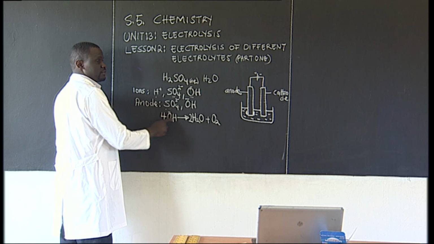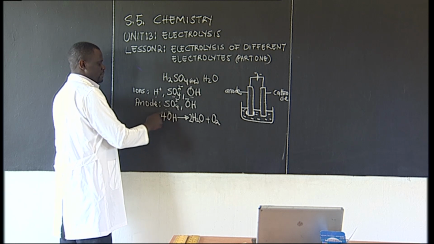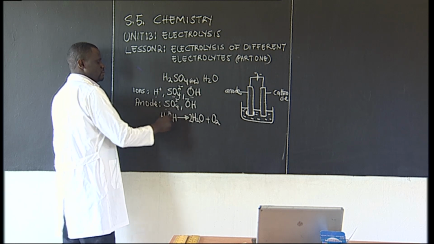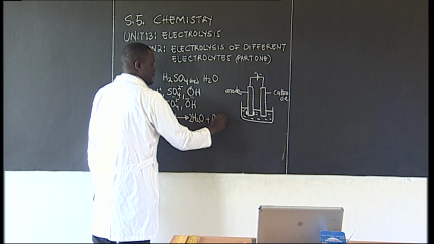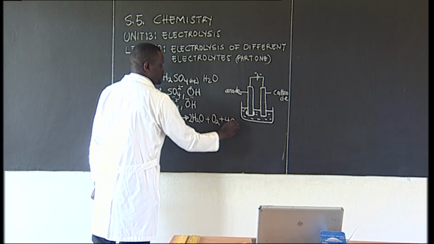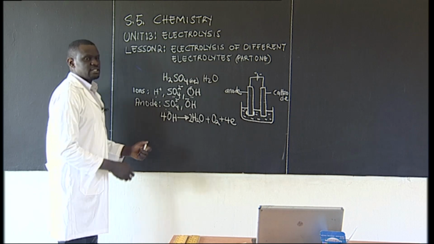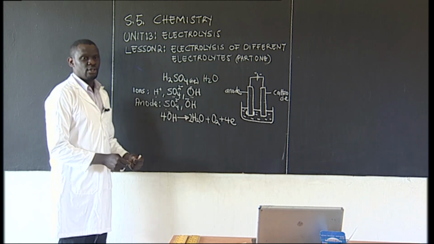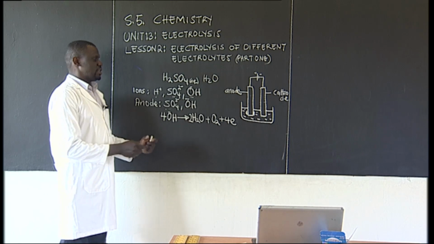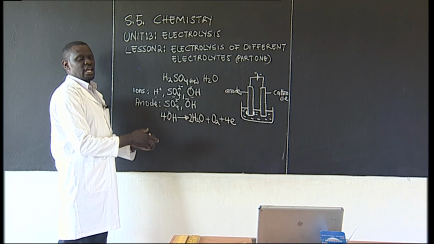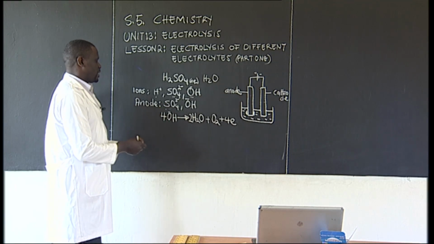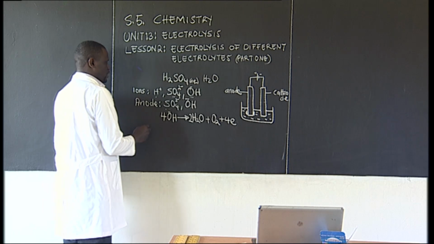So there are 4 electrons, or we can say 4 negatives. So for us to be able to balance, we put 4 electrons. So as we saw last time, at this anode we have oxidation, where this time oxidation is the giving away of what? Electrons. Giving away of electrons.